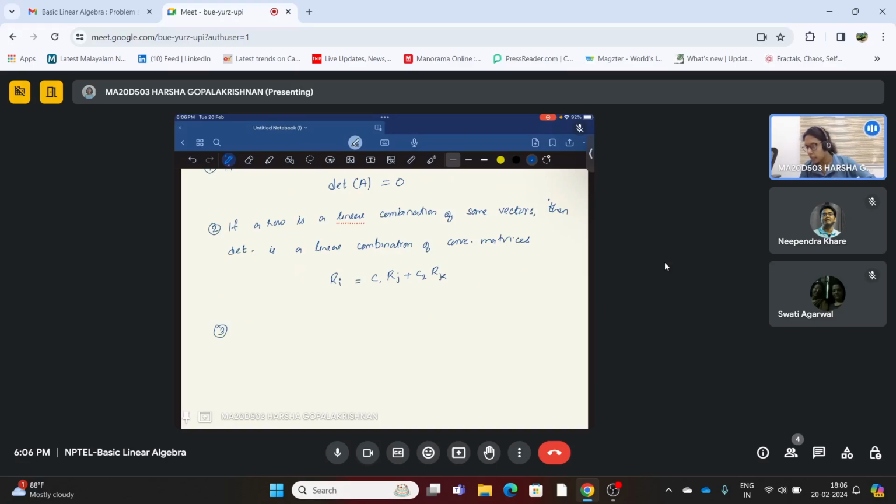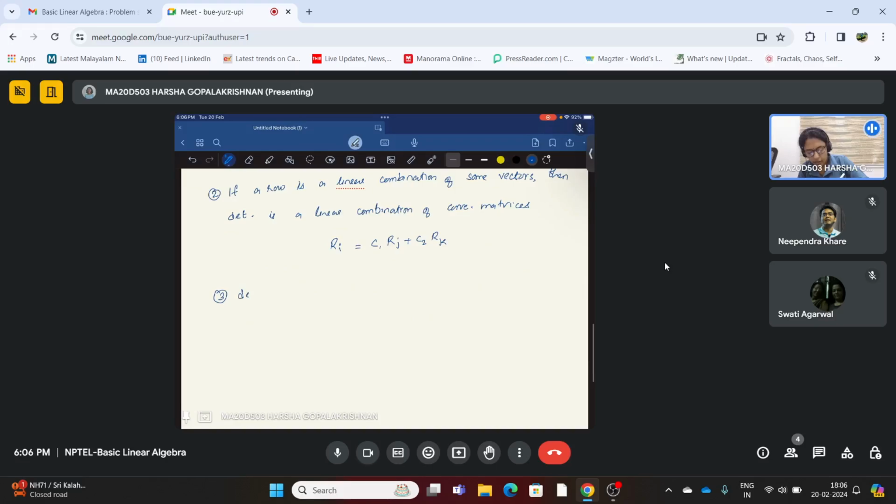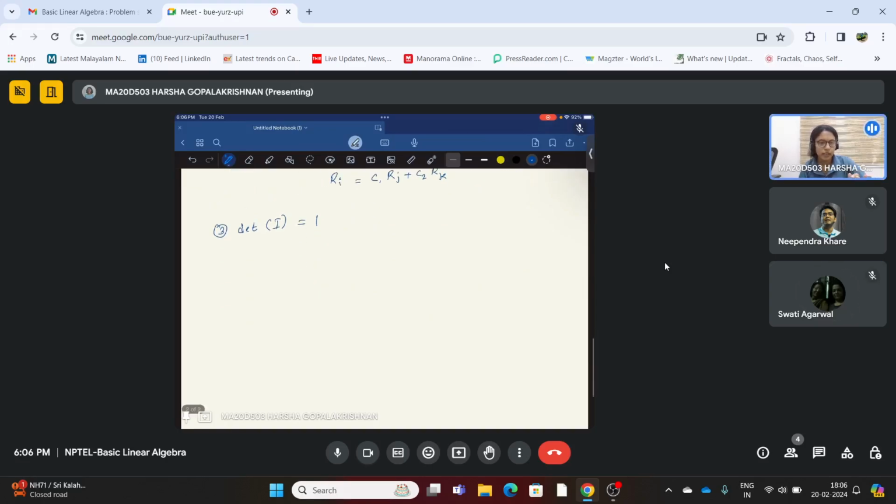And the third property is, determinant of I equal to, what is determinant of the identity matrix? 1. Yeah, determinant of the identity matrix is 1. So these are the basic three properties. And now, okay, I will go further.